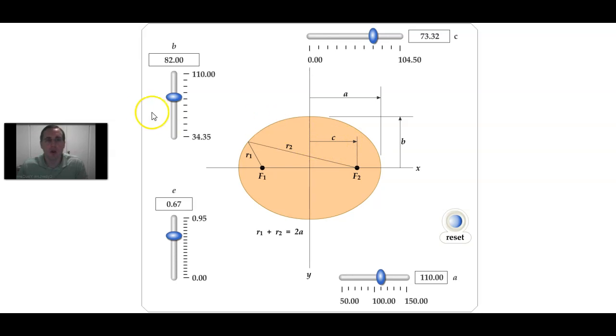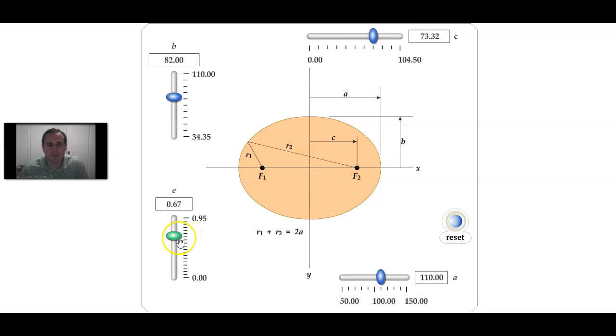Okay? We can modify A, B, C, and E here. Now what is E? E is going to be the eccentricity of the ellipse. By the way, one thing I should also note, R1 plus R2 is always equal to 2A. So R1 plus R2 is always the length of the major axis.